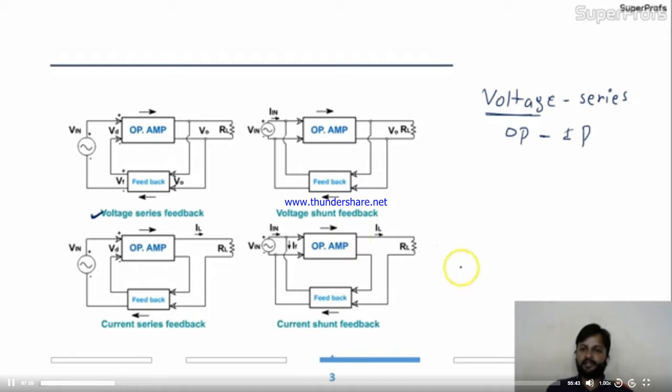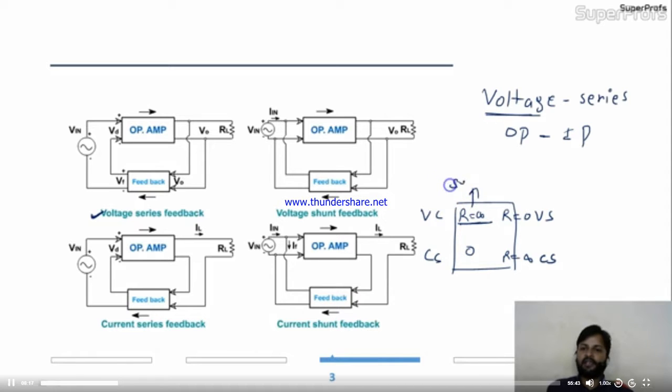We have just seen in the formula: if R is infinity, voltage control; this is current control. If R is 0, voltage source. If R is infinity, current source. So infinity means resistance is going to increase, so I can call it series, and 0 means shunt. In other words, series means resistance is going to increase, shunt means resistance is going to decrease.